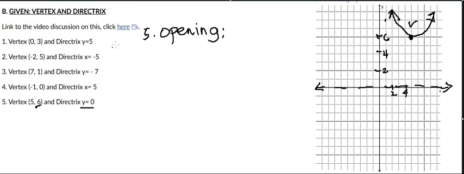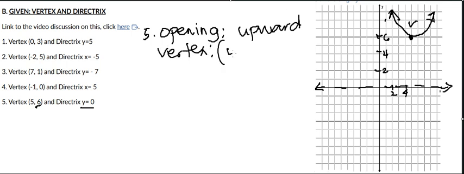And then we are going to do our vertex. The vertex is 5, 6. Our h is 5, our k is 6. A is just the distance from the vertex to the directrix. So counting off, we have 1, 2, 3, 4, 5, and 6.